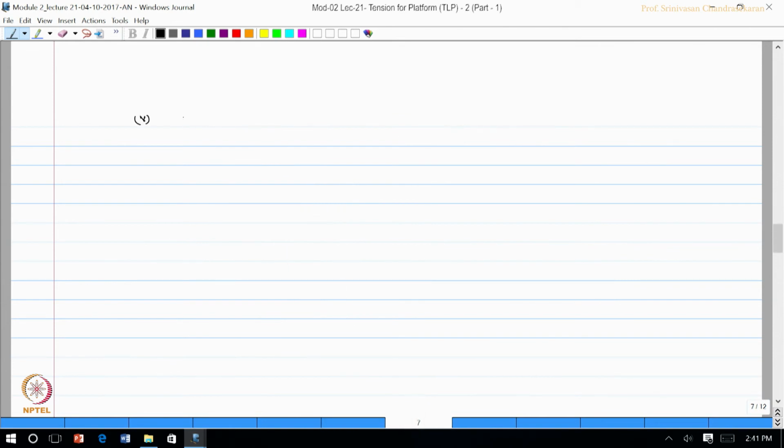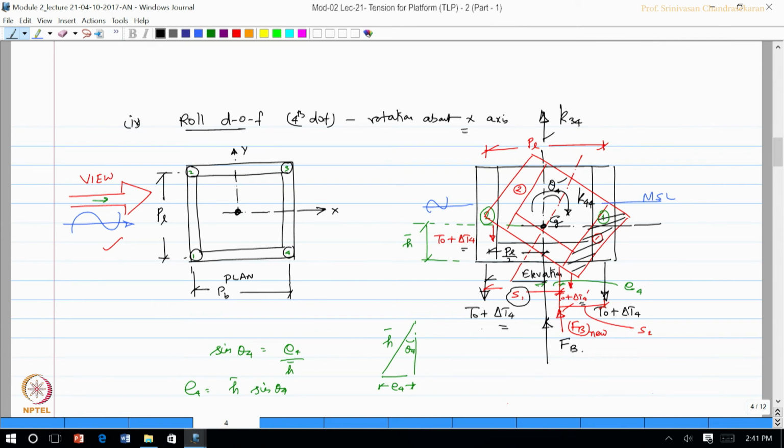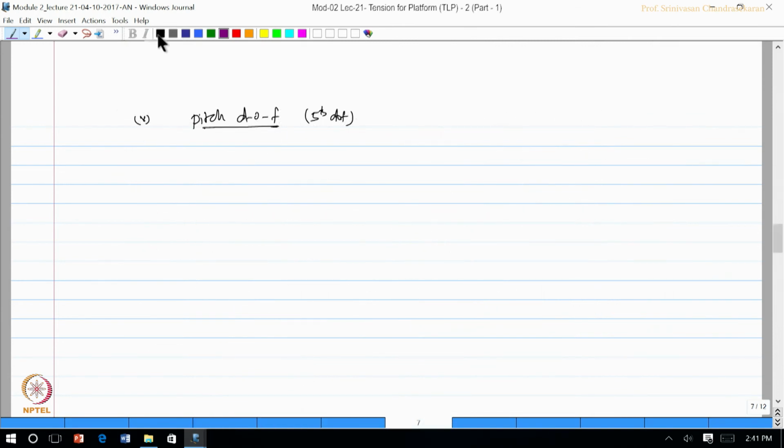Similarly, I can do it for pitch degree of freedom, which is the 5th degree of freedom. I can straight away write by looking at the same figure. To get pitch, I should view this from this direction, for pitch motion. So, I should rotate this about y axis, that is pitch. Now I can say K 15 is 0, K 25 is 0, I think you know the reason.